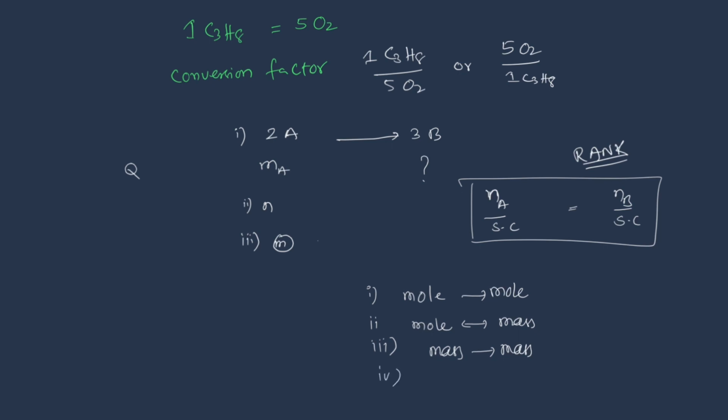Fourth one generally mass to number. Number means the number of entities, that may be atoms or molecules or ions, anything like this. Sometimes volume also, volume related questions we will get.